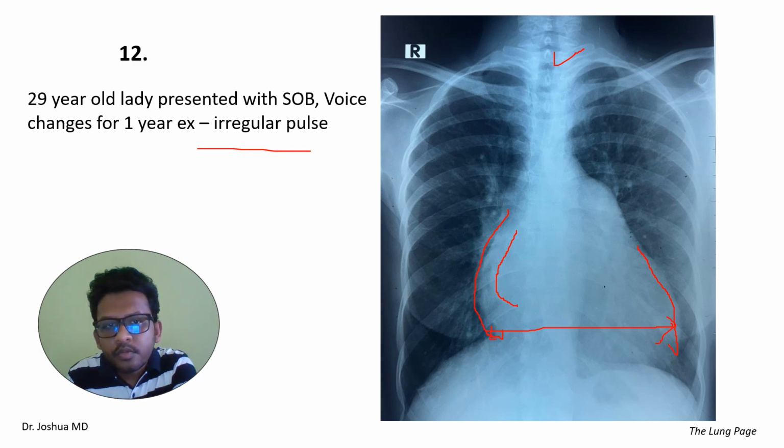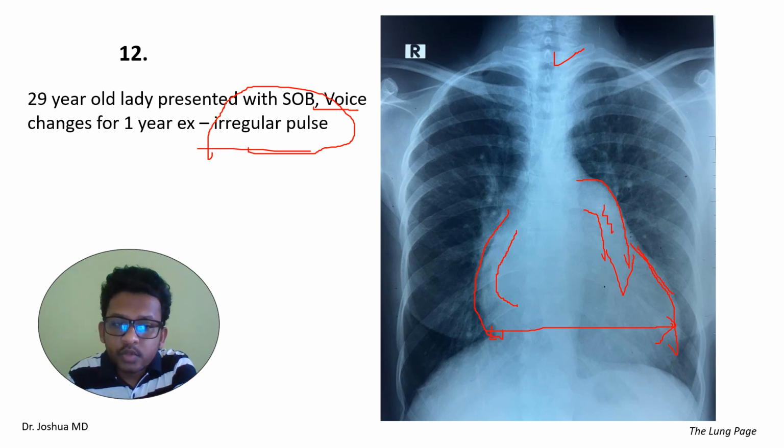Okay, so a patient with irregular pulse and voice changes. So these are the history. So a double heart shadow, and also you can see a straight heart border. You can see clearly here, this is the pulmonary artery. So what is your diagnosis here? Double heart shadow, straight heart border, and a prominent pulmonary artery.